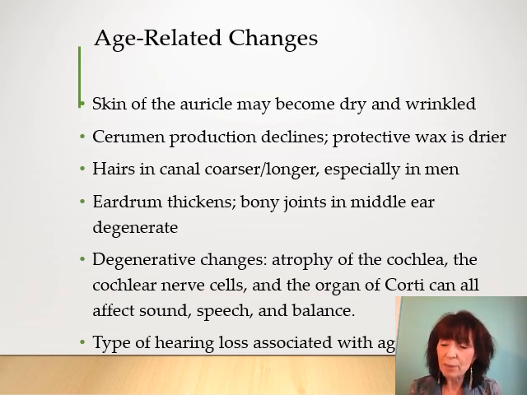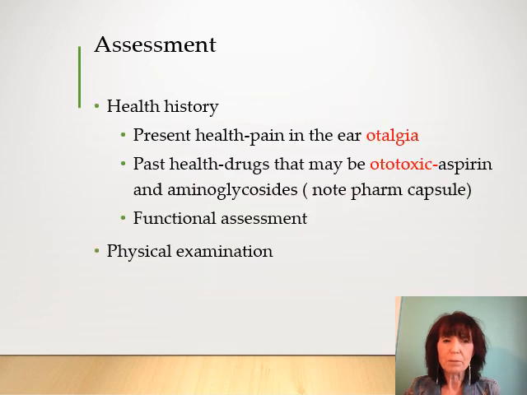So some types of hearing loss that are associated with aging. Let's talk about those. So you want to do a good assessment, but first let me talk about those hearing losses. The type of hearing loss most often associated with age is presbycusis.